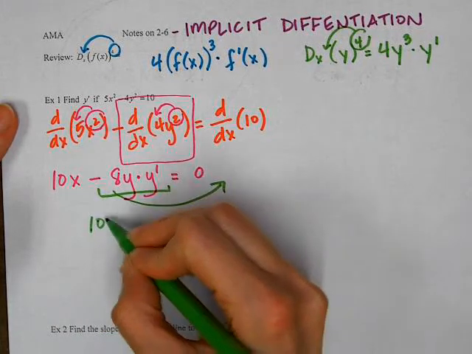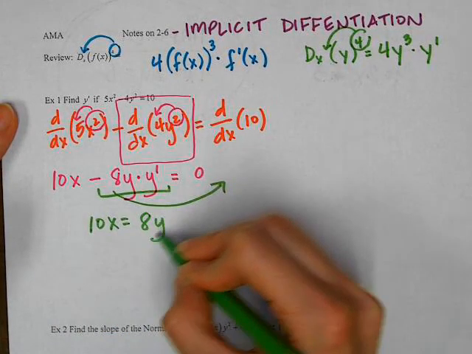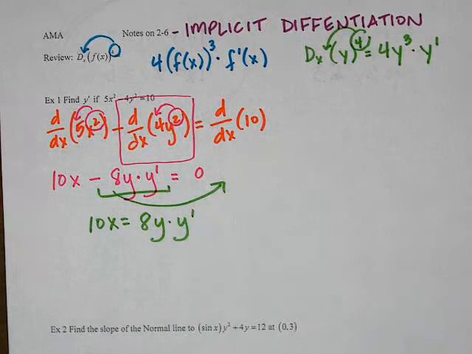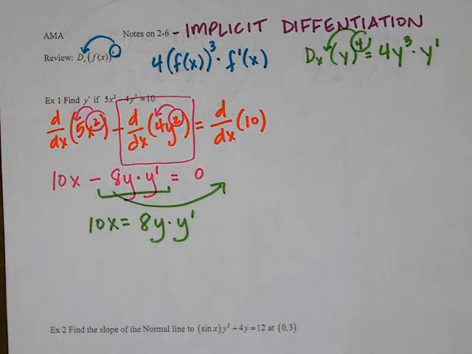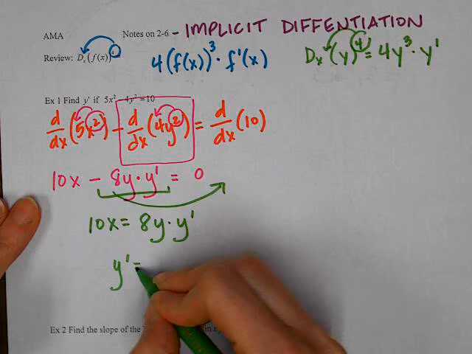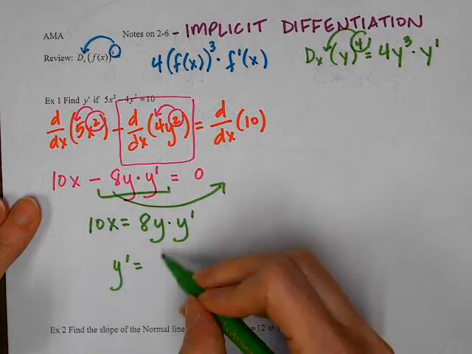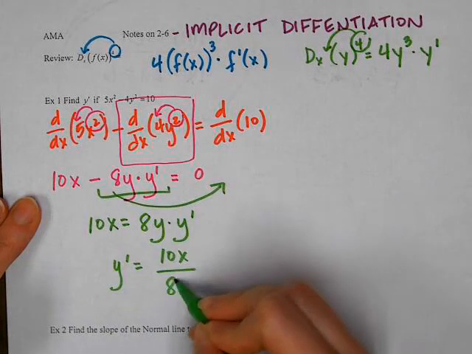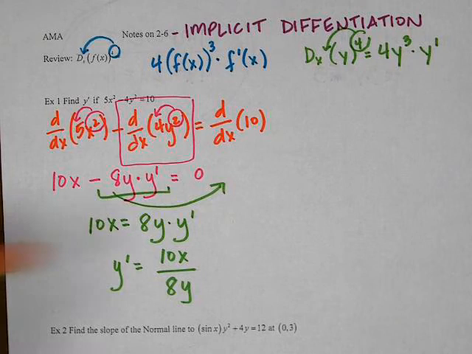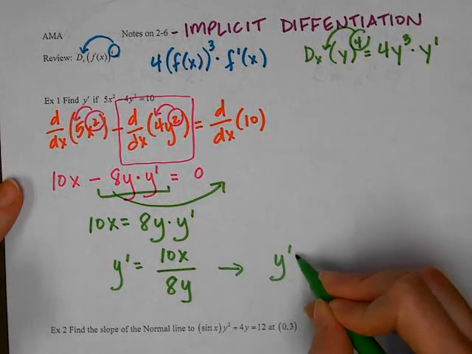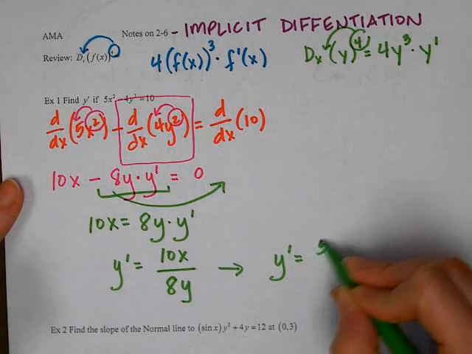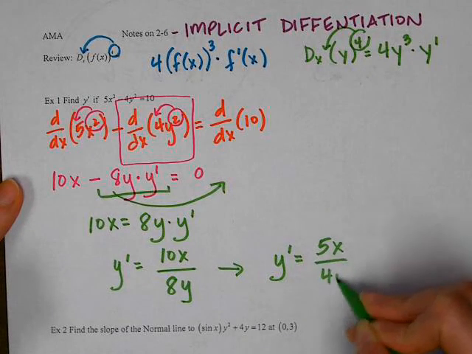And then I have 10x equals 8y times y prime. Right, I just added it over. And now to solve for y prime, I'm just going to take the 10x divided by the 8y. Right, that's how you would get y prime. And then why not reduce it? Y prime ends up being 5x over 4y.